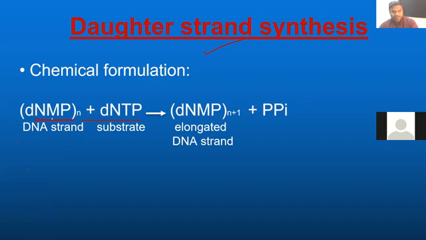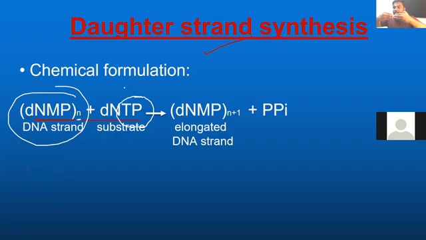In a simple way, my friends, dNMP, deoxyribonucleotide monophosphate. I will tell you one by one elaborately, just pay attention. N represents number. My friends, this is the unique statement. When one nucleotide is going to be associated with another nucleotide, all of you remember, it always comes in the form of a triphosphate, not one or two phosphates.